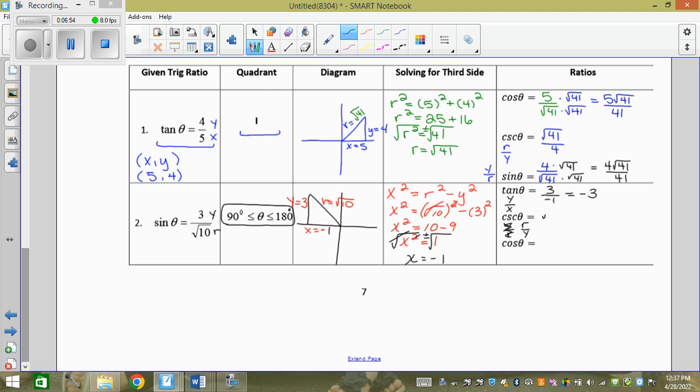So we're going to get root 10 over 3, which makes sense because it's just this one flipped. And then cos is x over r. So I'm going to get negative 1 over root 10, and then I have to rationalize it. I'll multiply by root 10, and I get negative root 10 over 10. Then we're going to flip over.